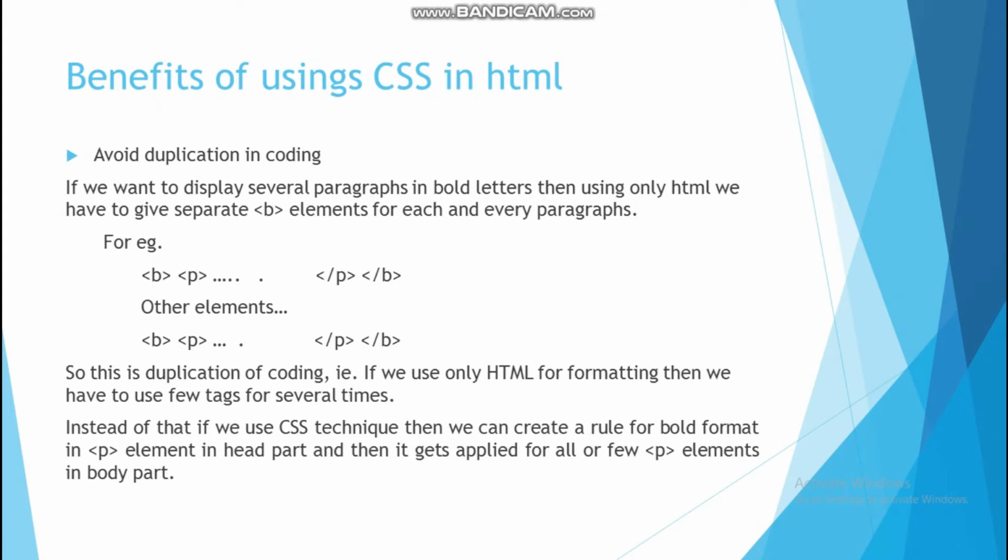So instead of that, if we use CSS technique, then we can create a rule for bold format in P element in head part, and then it gets applied for all or few P elements in body part. So this way we can apply CSS rule.